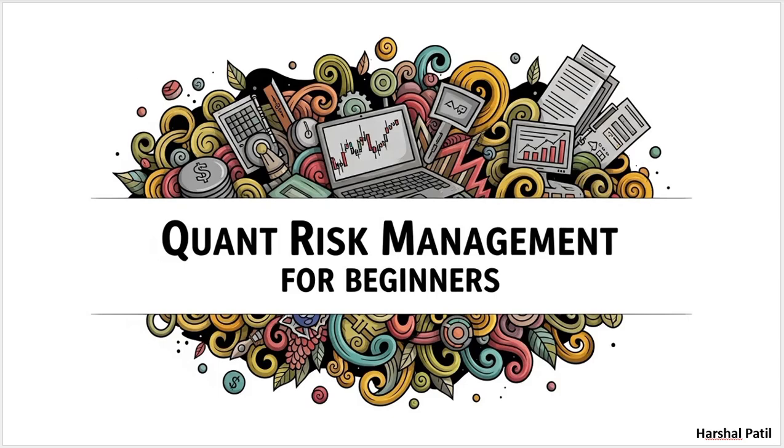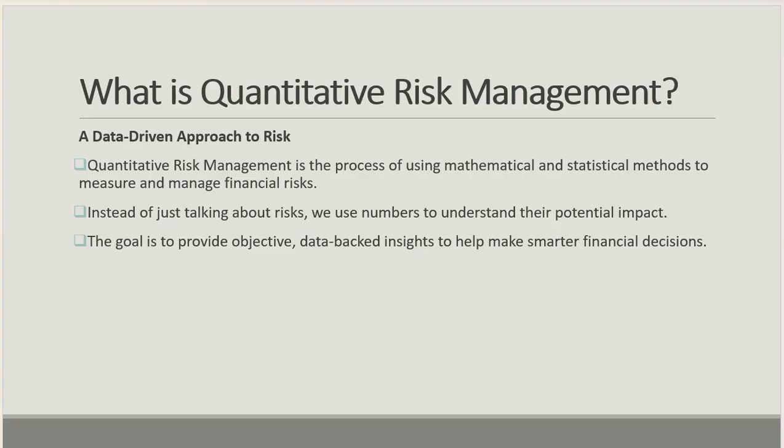So the topic is quant risk management for beginners. Basically, what is quantitative risk management and where is it used? Quantitative risk management is a process of using mathematical and statistical techniques to measure and manage financial risk.